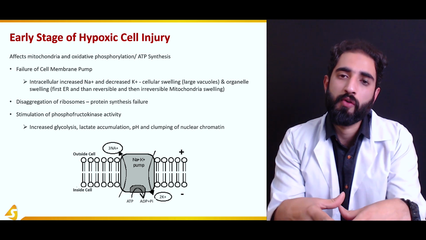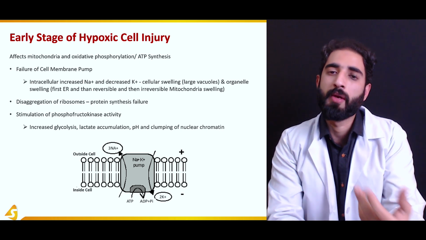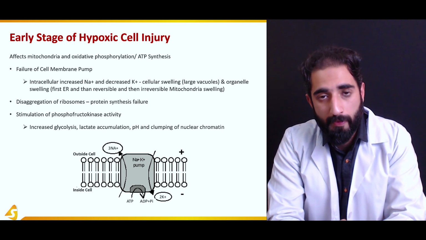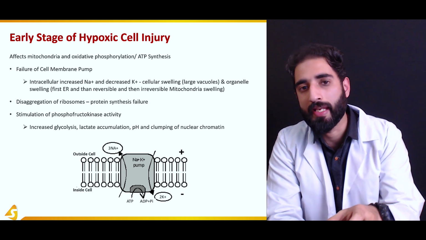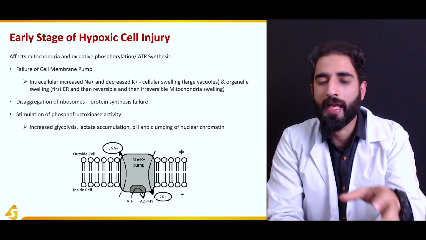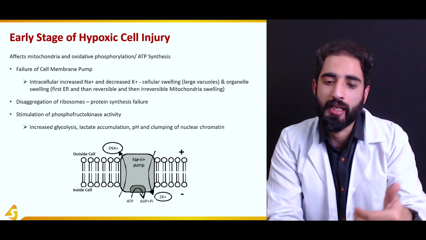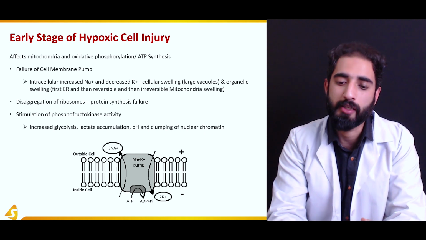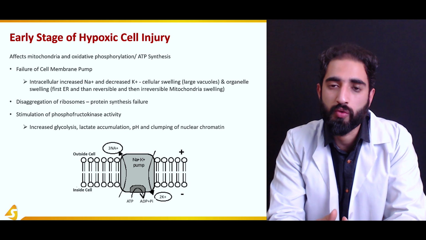In the absence of oxygen, one of the early manifestations is the failure of the cell membrane pump, because it requires ATP to operate. What the ATP pump does is pump sodium out of the cell and pump potassium into the cell.